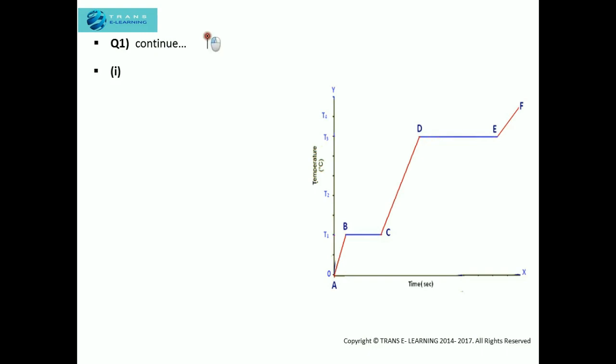We need to figure out what AB, BC, CD and DE represent. So if we start from scratch, that is from this point, this is the heating curve. At this point the substance will be in the solid state, and as we know from the heating curve, whenever there is a change in temperature, in this case a rise in temperature, there will be no change in state.